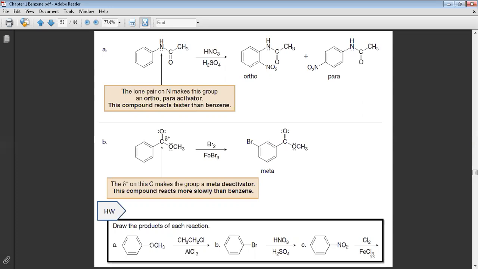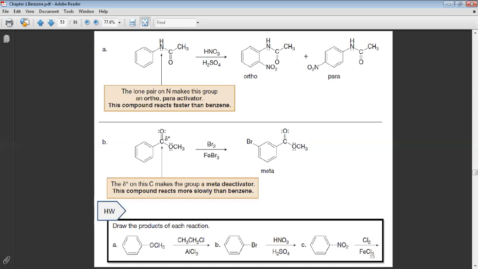Resonance. What is the name of the reaction? Alkylation. That means it will be ortho para or meta? Ortho para.